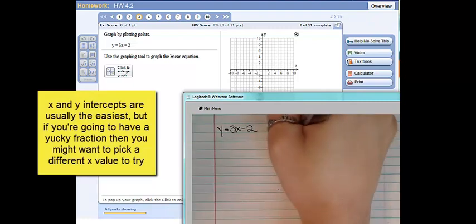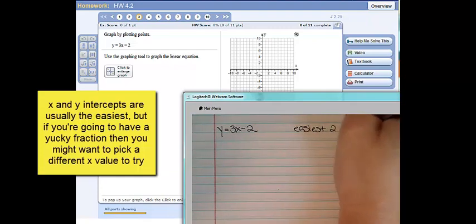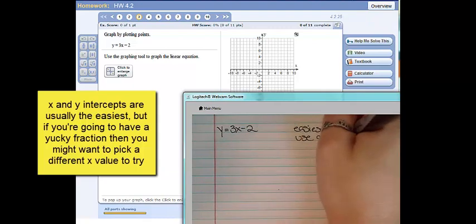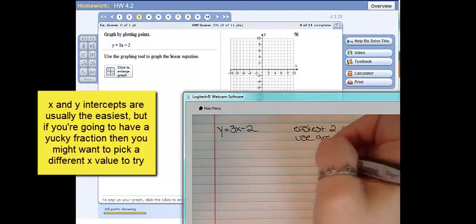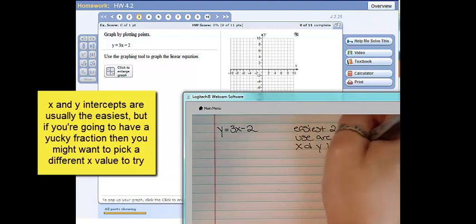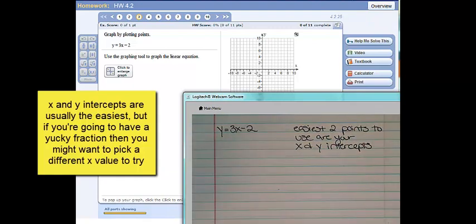And I'll write that over here. Easiest 2 points. And the reason for that is because then you're plugging in 0 for one of your values each time, which just makes the math usually a little bit easier. But I will warn you, sometimes they aren't set up to take fractions, and so it just depends on what's easiest for you.